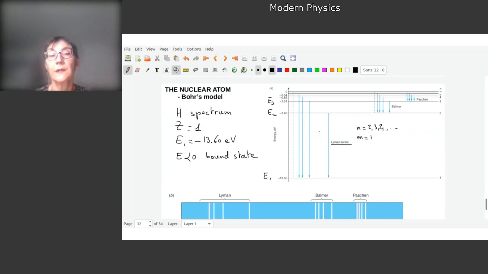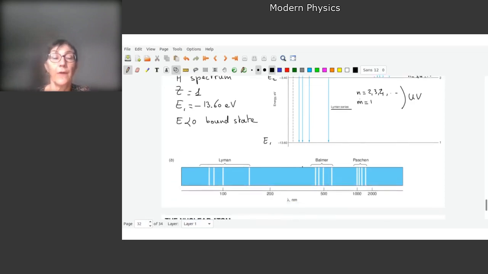This is the Lyman series, and it has the longest arrows. On this energy scale, the longer the arrow, the higher the energy, the higher the frequency, the smaller the wavelength, so this is UV. Balmer is for m equal 2, so you have n equal 3, 4, and so on. This is visible and infrared. And here you have Paschen, which is infrared.